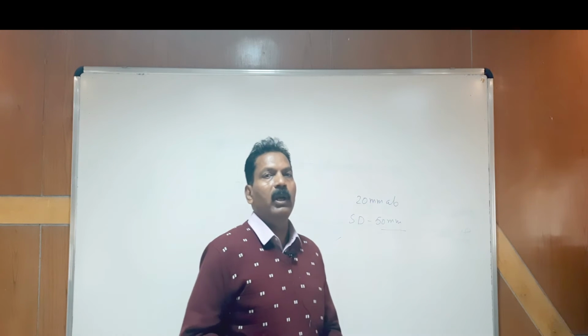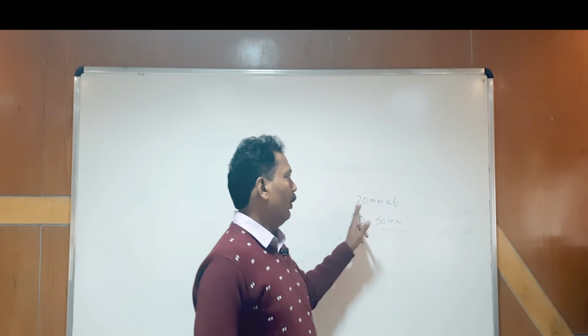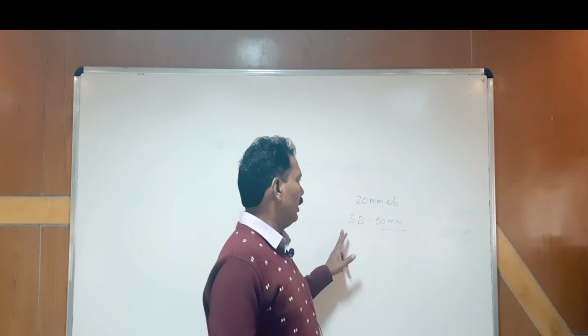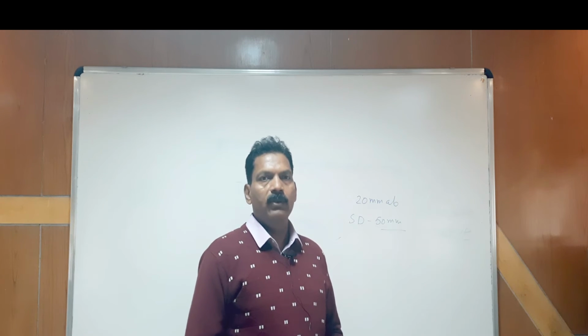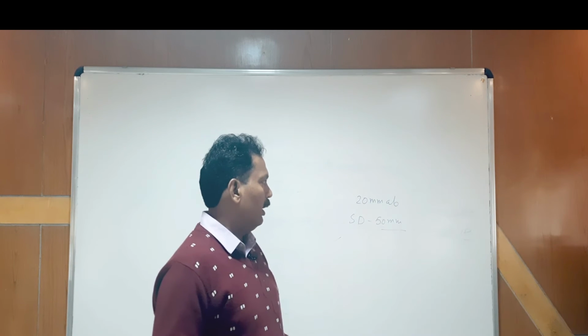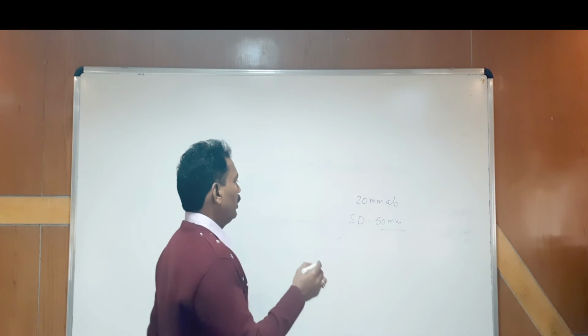Find the position of the point with respect to VP. The point is 20 mm above HP and the shortest distance of the point from the reference line is 50 mm.